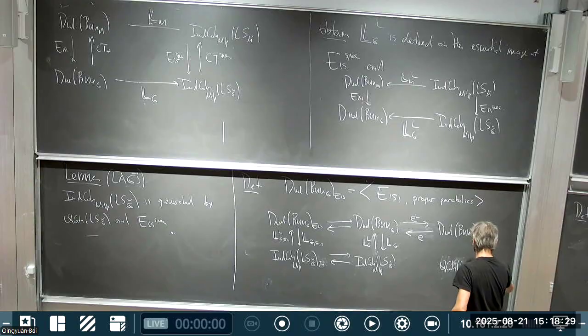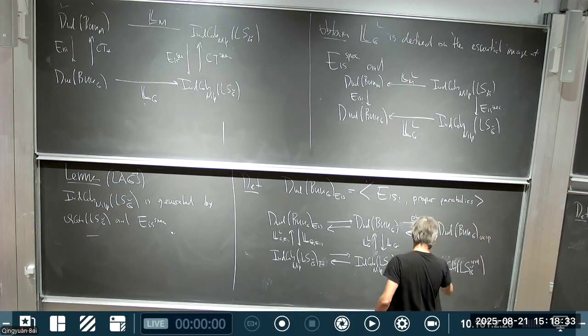Loc_Sys G check irreducible, and it will be j spec upper star, j spec lower star.